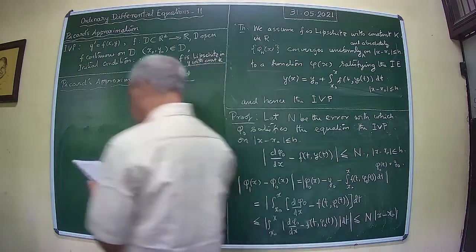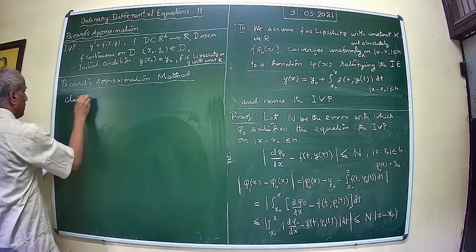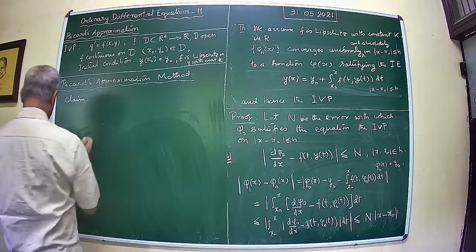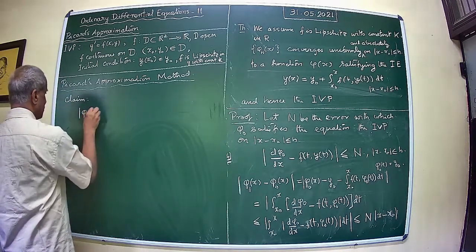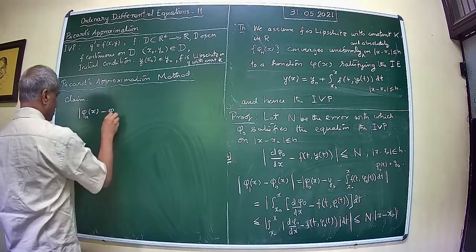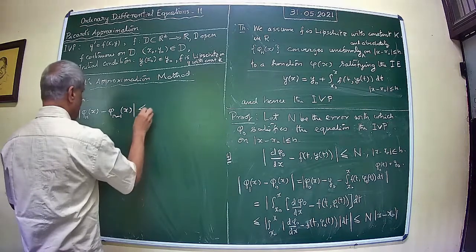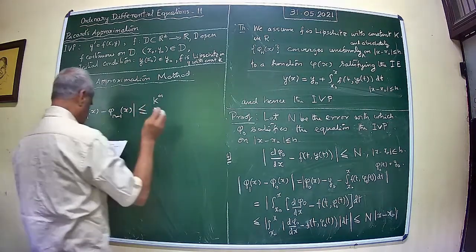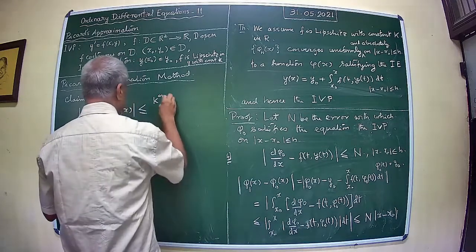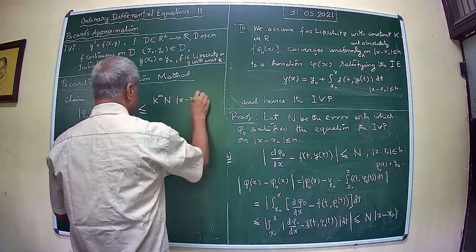So what you have, claim, that is the Lipschitz constant n mod x minus x naught.